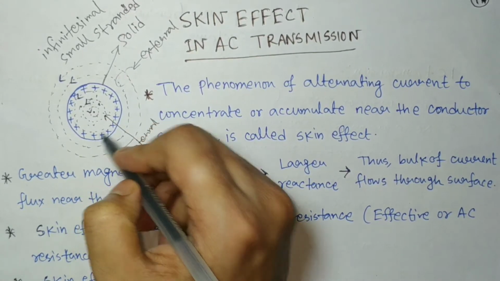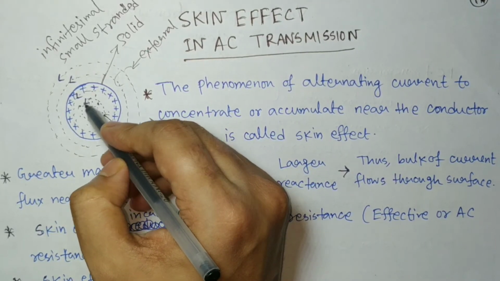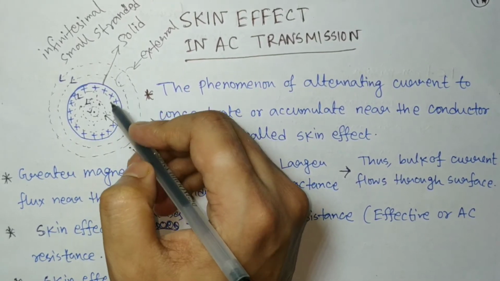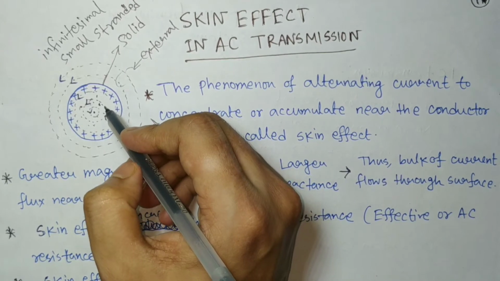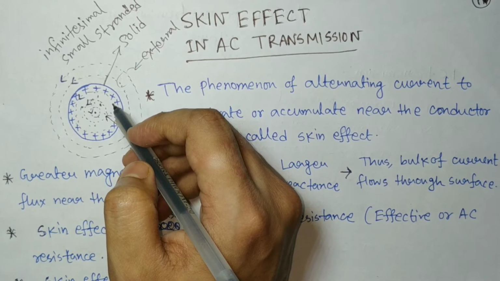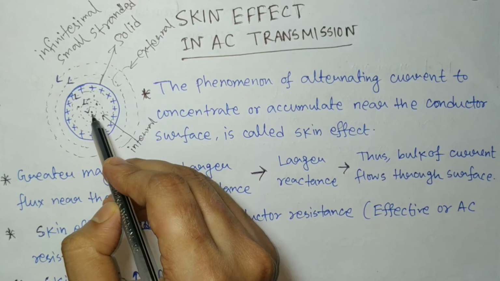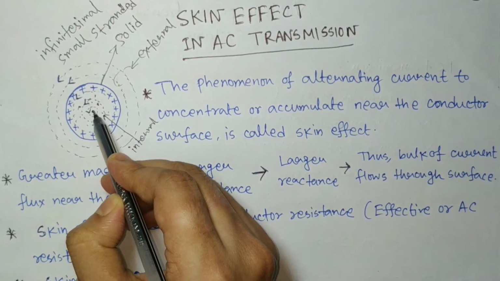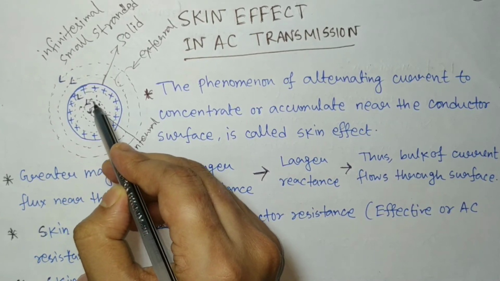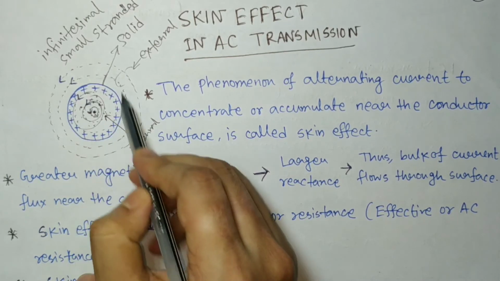If you closely observe, the strands which are present near the center of the circle will experience more flux. Those strands will be under the influence of a greater amount of flux. Why? If I talk about this small strand, it is under the influence of this flux, this flux, and even external flux also.